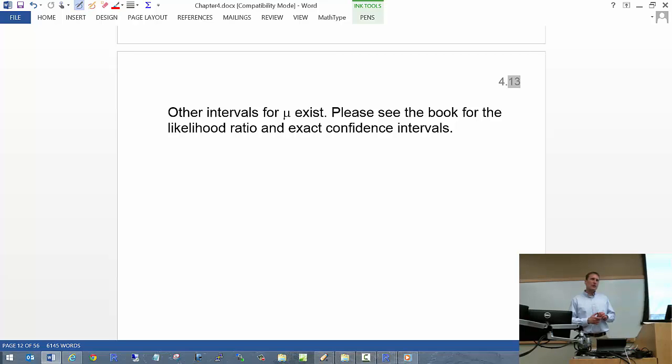Make sure that you do investigate that. There is a homework problem about it, and it's easier to introduce the profile likelihood ratio interval once we do Poisson regression models. So after we do the Poisson regression models, take a look at that homework, and you are responsible for that.